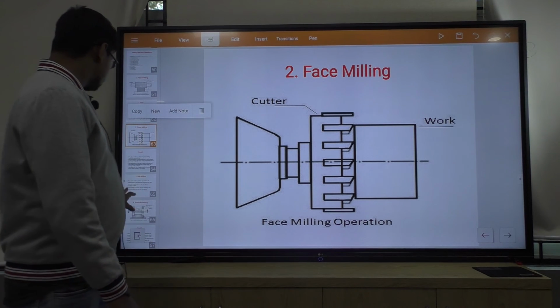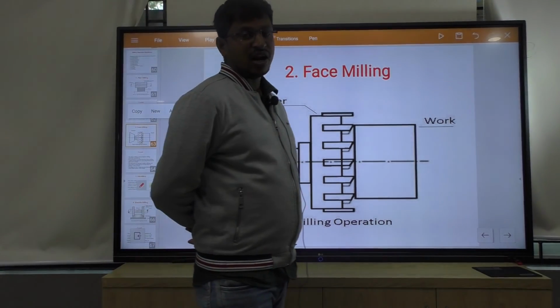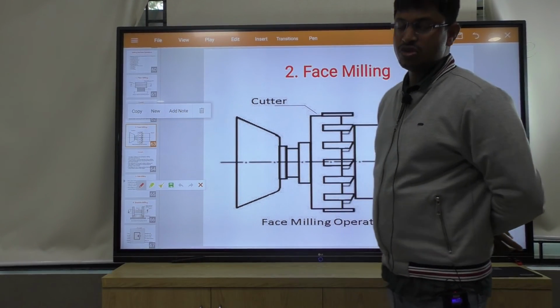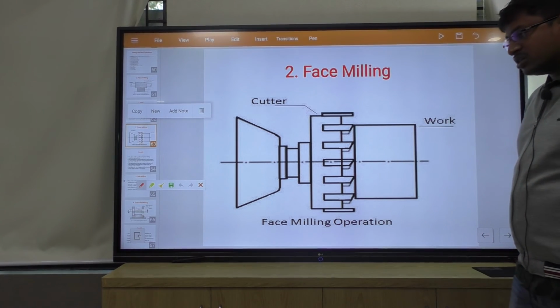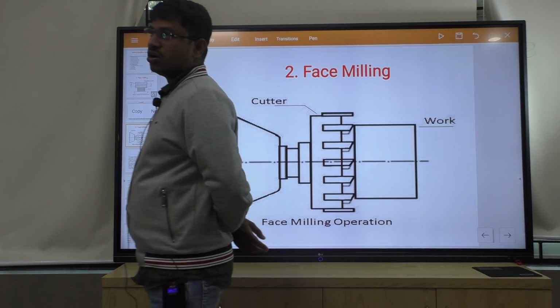What is face milling? Here also we have to produce a plane flat surface, but this flat surface should be perpendicular to the axis of rotation of the cutter.